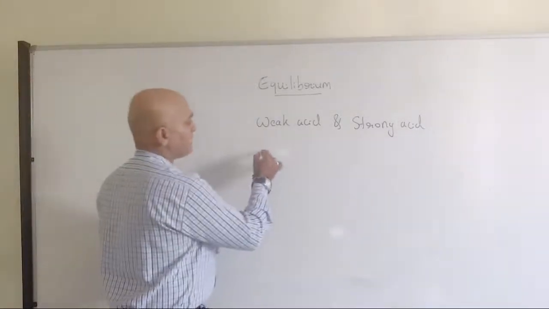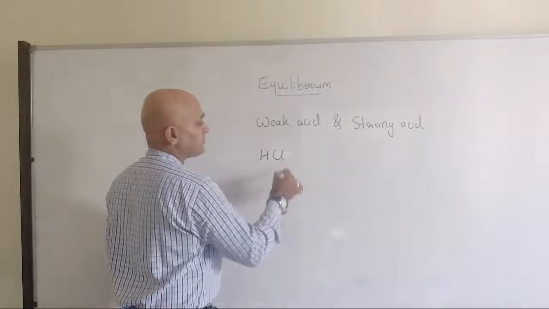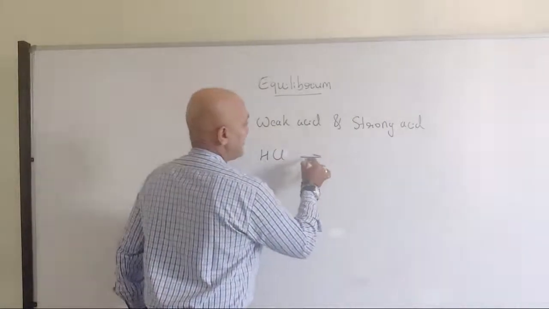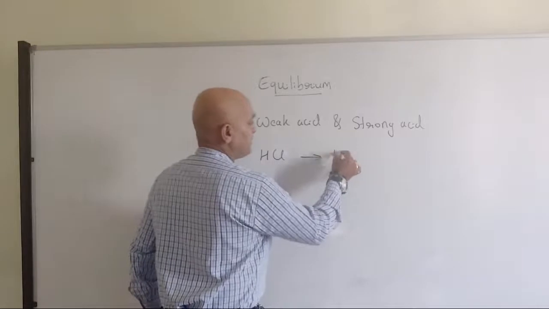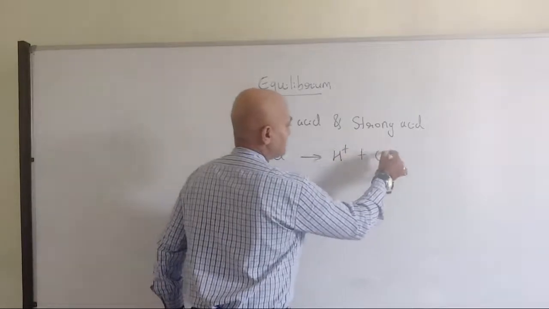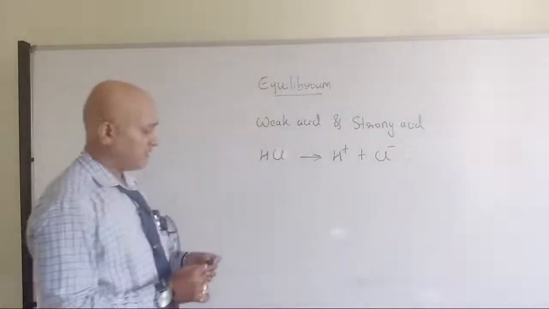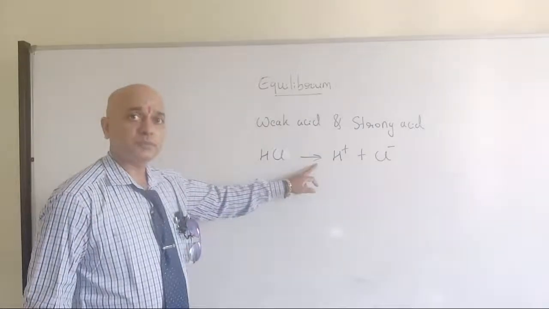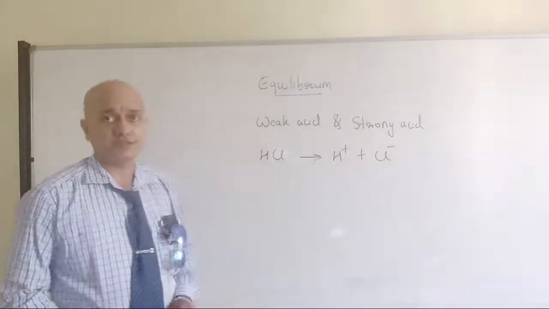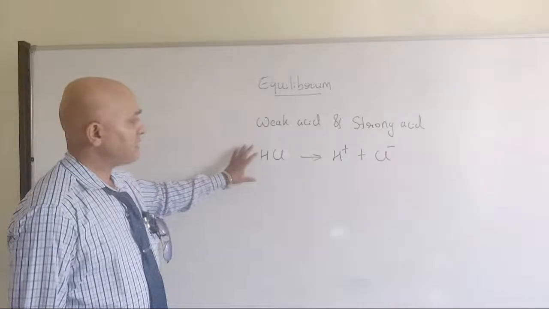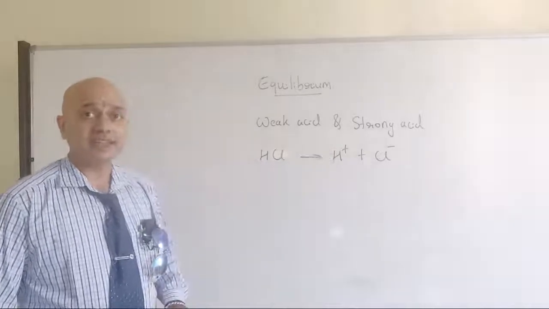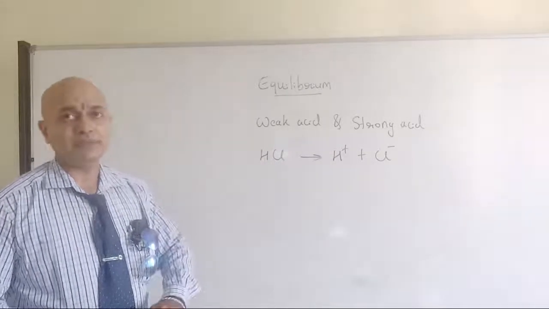For example, in our laboratory we have HCl, which, when it is added to water, will completely dissociate as H plus and Cl minus. That's what the arrow talks about. Whatever HCl we take, everything will be converted into H plus and Cl minus.